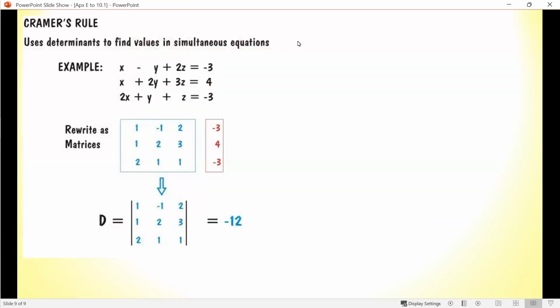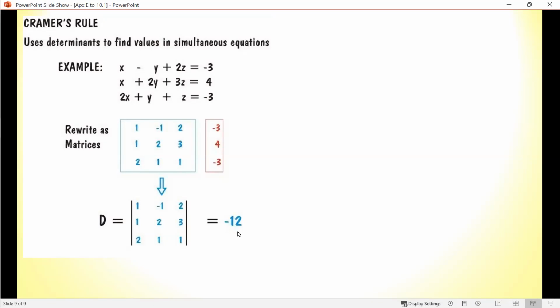So let's take a look at an example using Cramer's rule for a 3x3 system. We've got these 3 equations and 3 variables. You rewrite it as matrices, but notice that we set aside our 4th column, which is the constant terms. We're going to take the determinant of just our coefficient matrix, and we get -12.